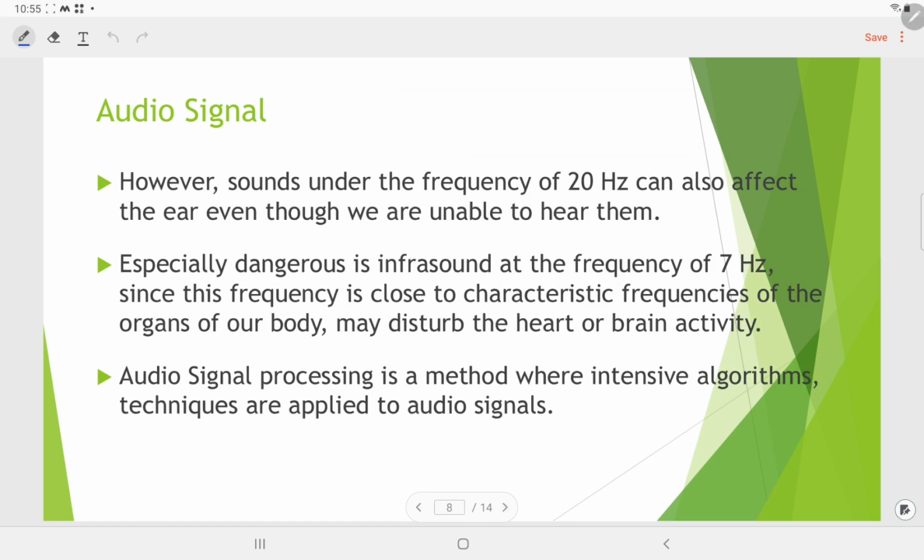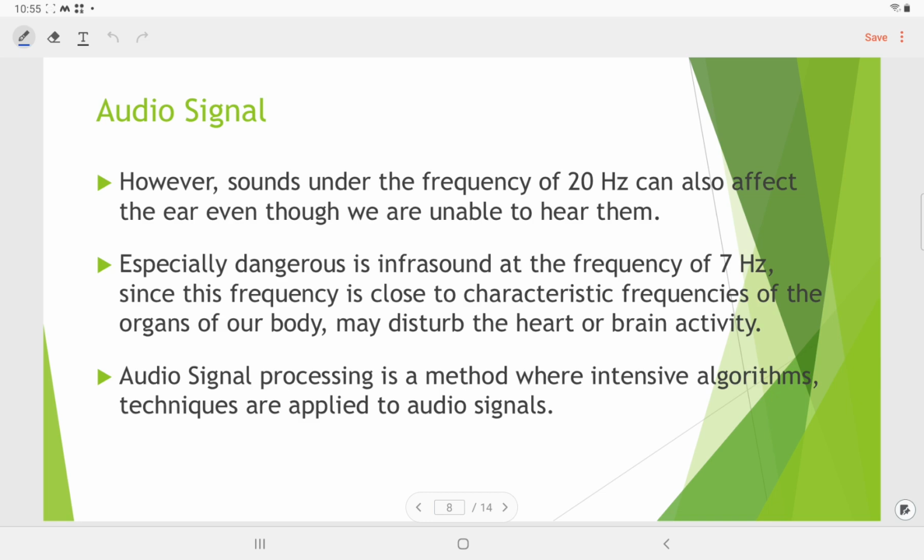However, we are not able to hear a signal whose frequency is below 20 hertz, but it can still affect our ear as well as different organs of the human body. Specifically, infrasound with a frequency of 7 hertz affects the organs of our body.